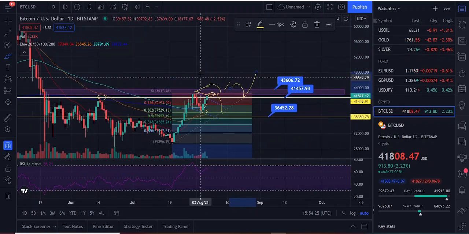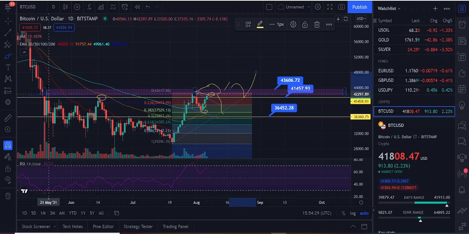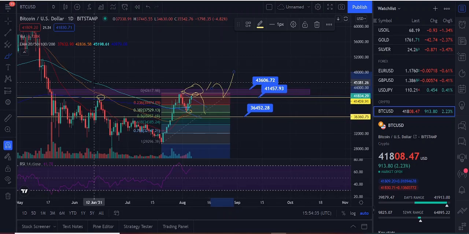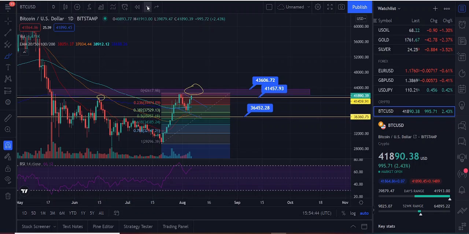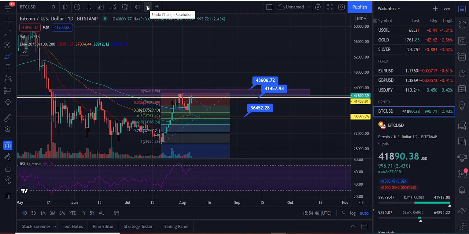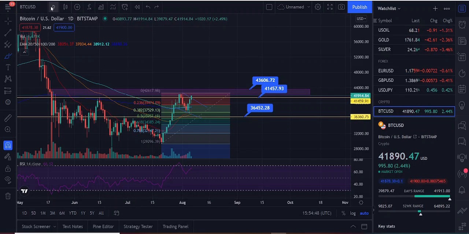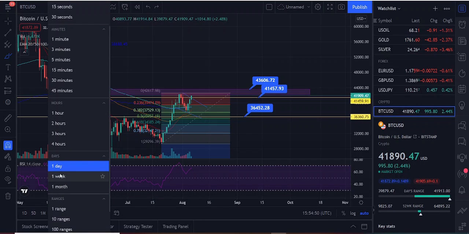This box is simply made out of this high over here, or this high over here. So if we break this point, then you see that over here it's thin air. We have been chopping around in this level for a very long time, but if we break that, then it's basically thin air.